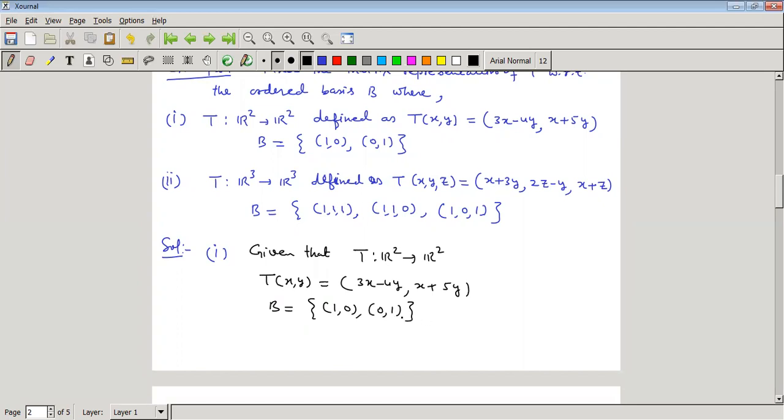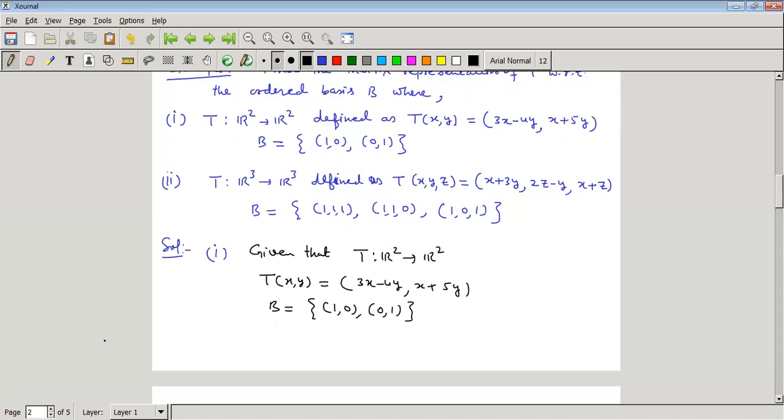And we know that if the usual bases are given, then we can write any vector in R2 as a linear combination of elements of the bases.